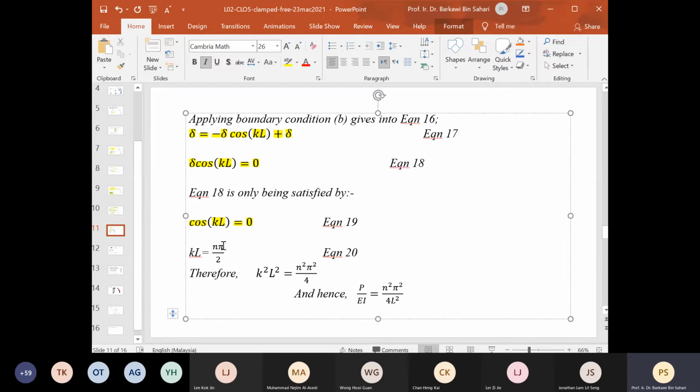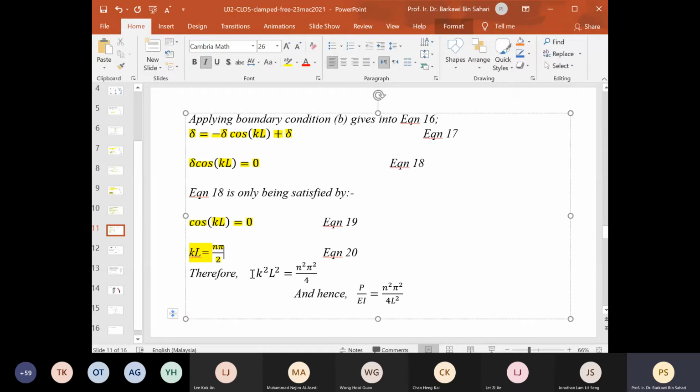So to get cos kL equal to 0, it requires the value of kL equal to n pi over 2, where n can be 1, 2, 3, and so on. Now the lowest value of n will give you the first critical load, or the lowest value of critical load. So the solution kL equal to n pi over 2 will give you the critical load when n equal to 1.